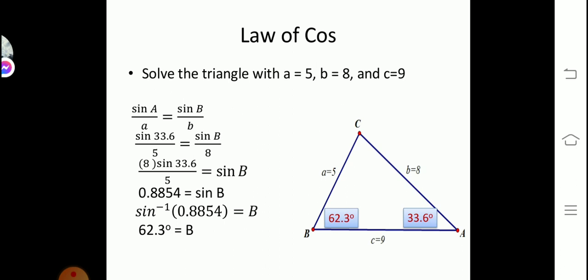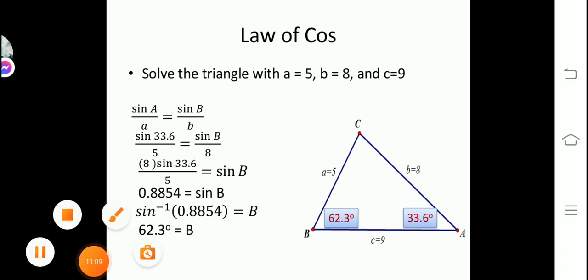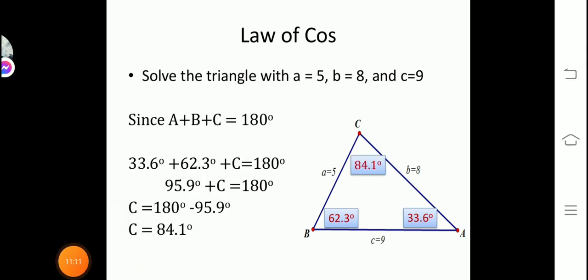So 8 times sin 33.6 over 5 equals sin B. 0.8854 equals sin B. Sin inverse of 0.8854 equals B. So the answer is B is 62.3 degrees. Now A plus B plus C equals 180 degrees. 33.6 degrees plus 62.3 degrees plus C equals 180 degrees.